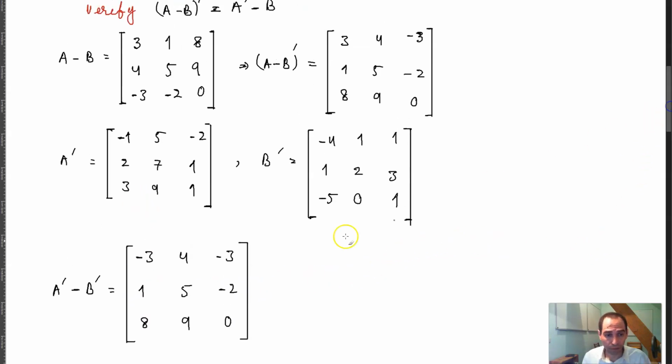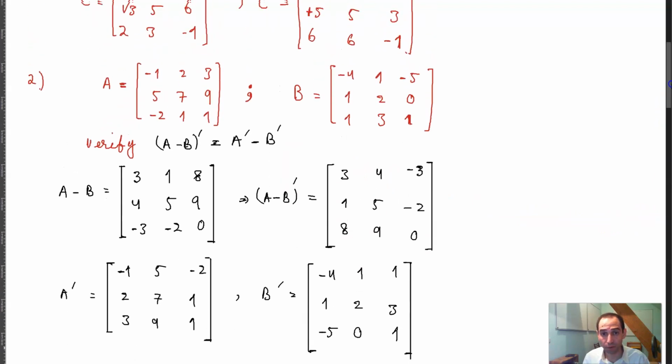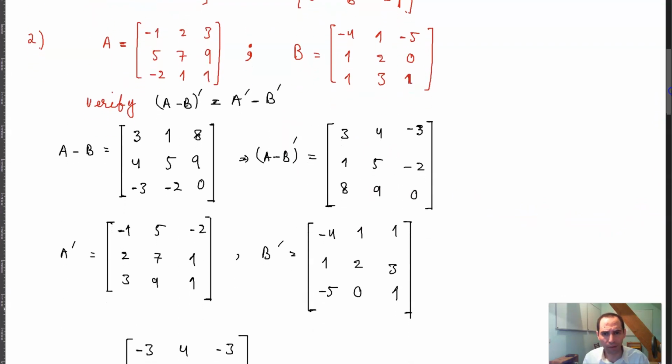if I compare A prime minus B prime to A minus B whole prime, there must be something wrong here. So B prime is basically -4, 1, -5, and 1, 2, 0, and 1, 3, 1.